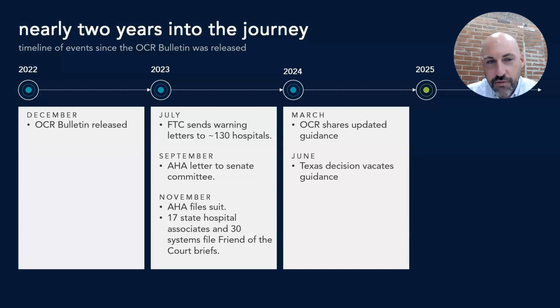By July of 2023, the Federal Trade Commission sends warning letters to over 100 hospitals and telehealth providers, indicating some form of HIPAA violation. And by September of the same year, there is a response from not only some of those entities, but also a collection through the American Hospital Association, really urging Congress to remove the rule immediately.